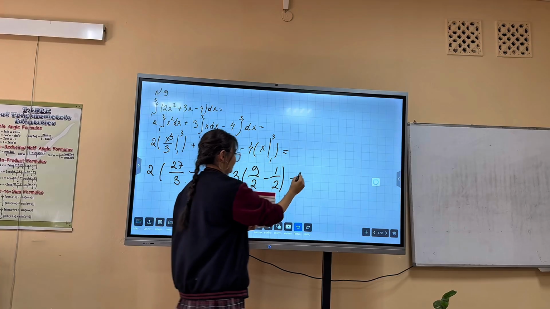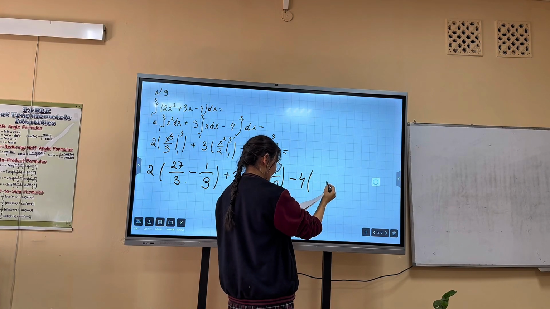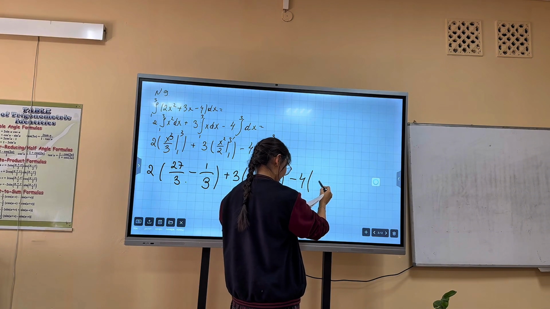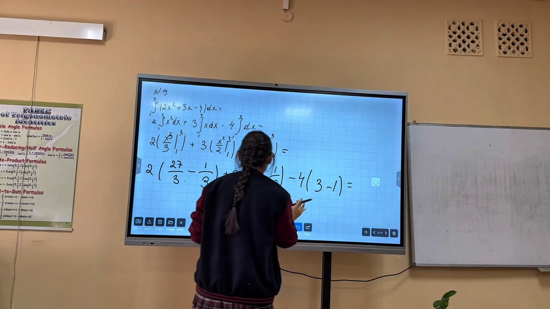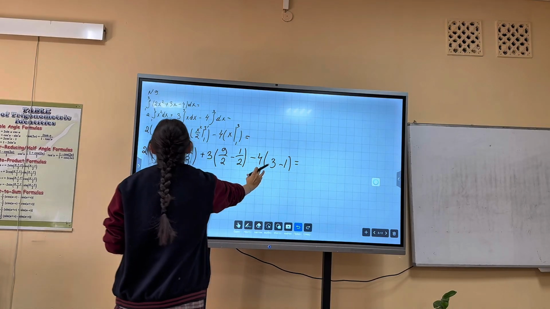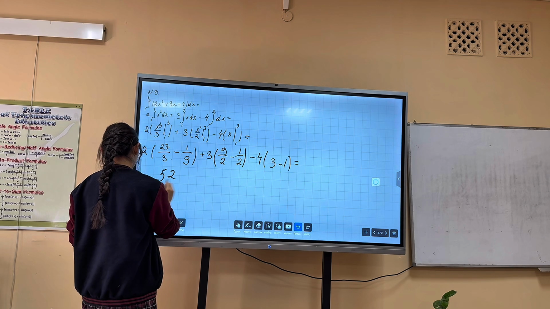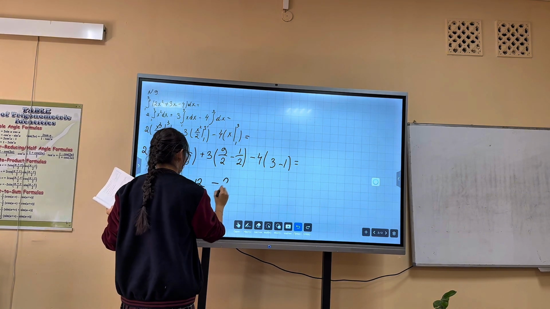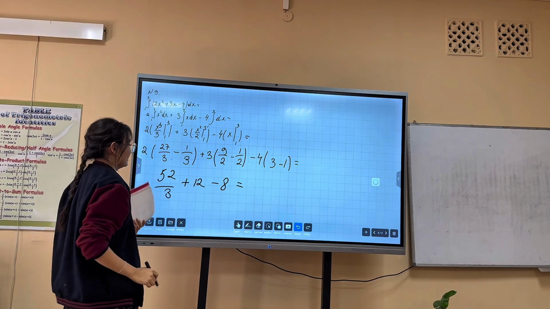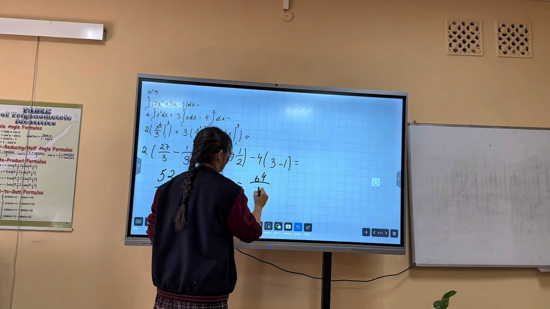Then we have the 4 times x, which is 3 minus 1. Then we have the answers. We calculate them, and we have 52 divided by 3 plus 12 and minus 8. When we calculate this, the final answer is 64 divided by 3.